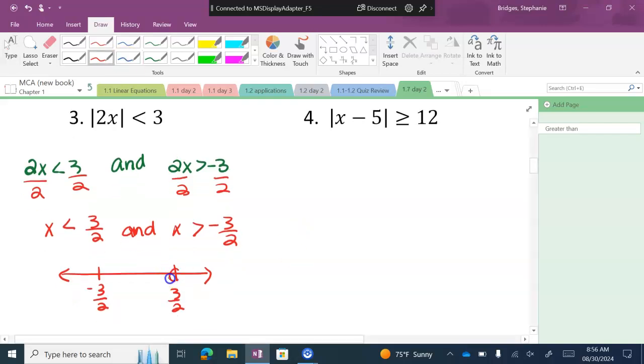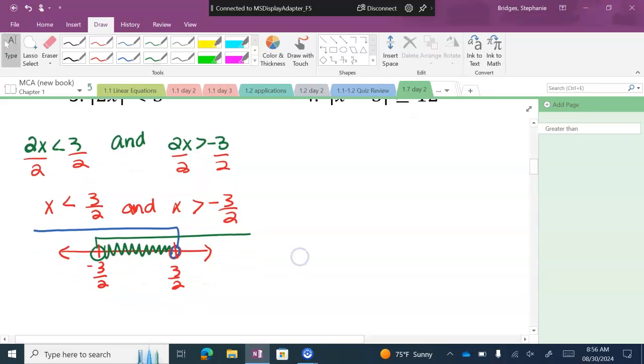If I am less than a positive 3/2, that is open and going to the left. I am greater than negative 3/2, that is open and going to the right. Again, I can only shade where they are both true. Where is that? In the middle.